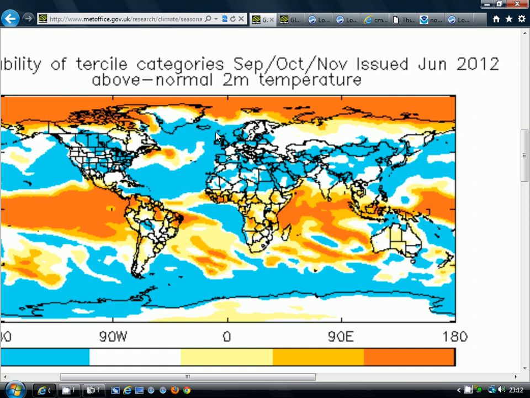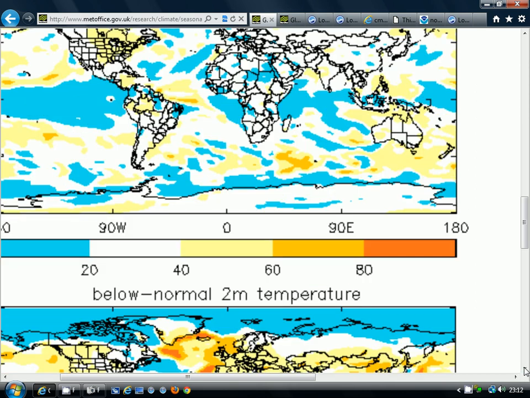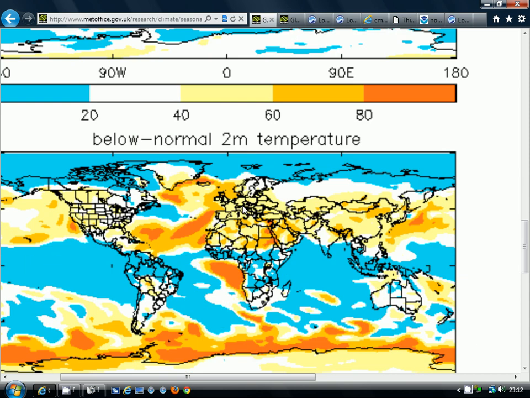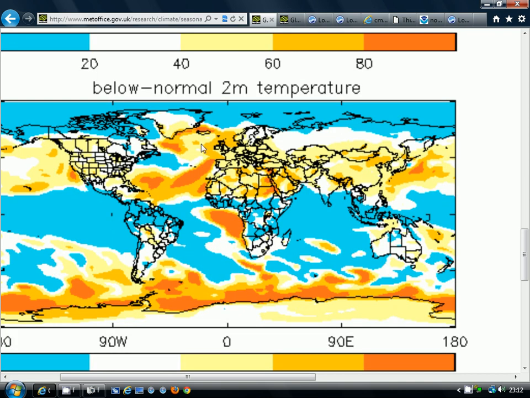As I say, it's a 20% probability of above normal temperatures this autumn, and for near normal temperatures this autumn the probability is 20 to 40%. The white area here is a 20 to 40% probability. So yes, the model is favouring a cooler than average autumn for the British Isles.